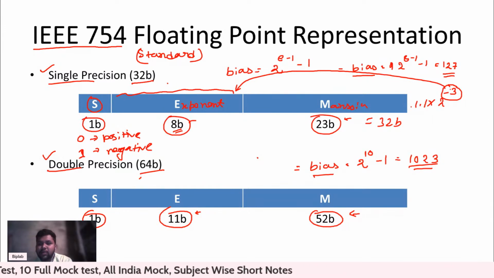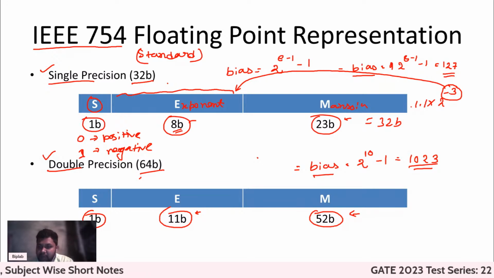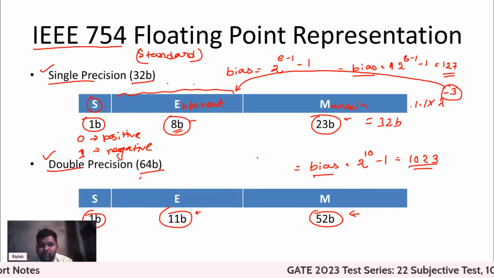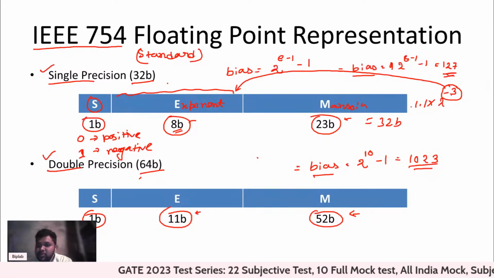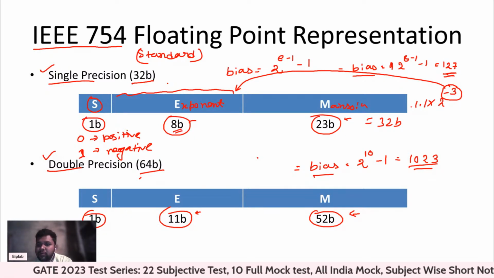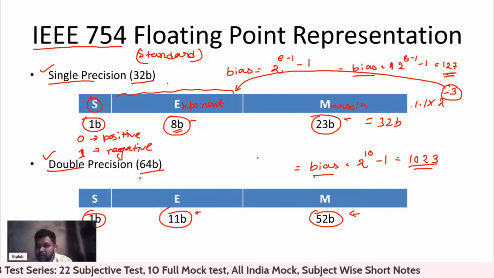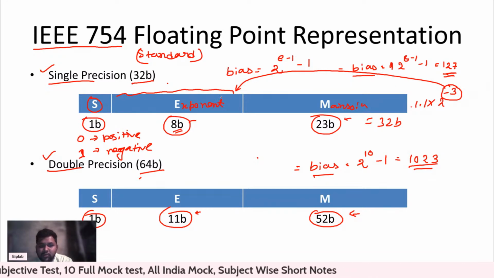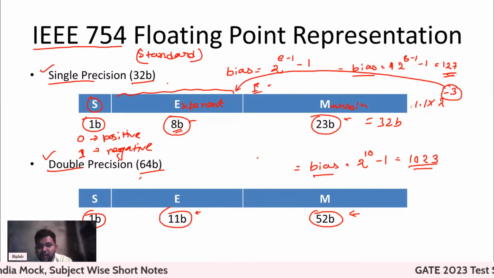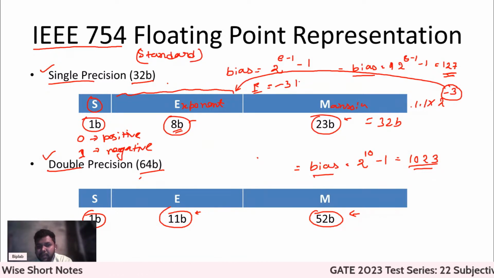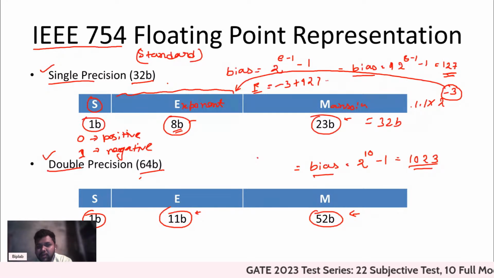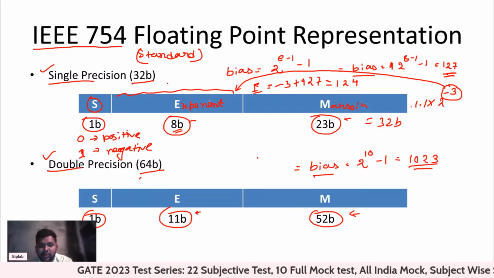To get over this, instead of assuming a signed number, we add this bias to the power. If the power is minus 3, we don't store minus 3 here. We store e as minus 3 plus 127, which equals 124, in the exponent part.